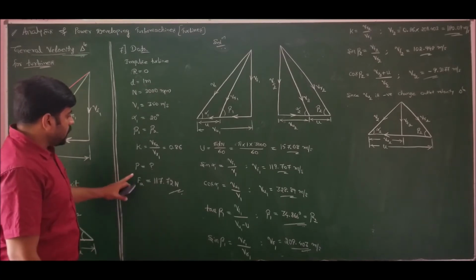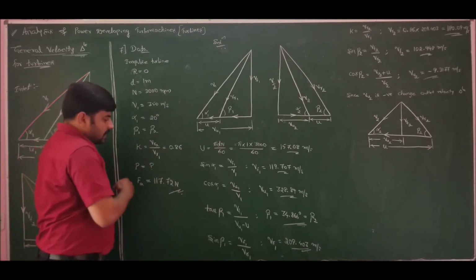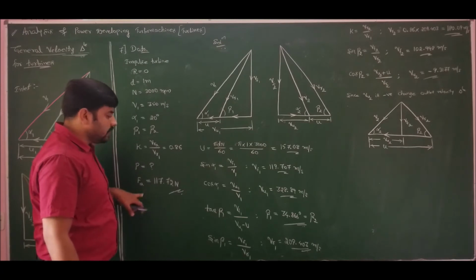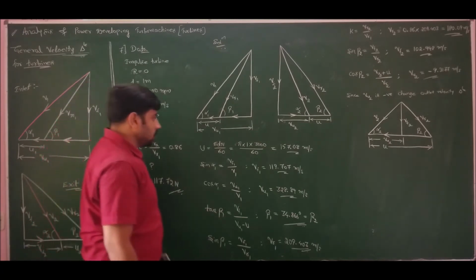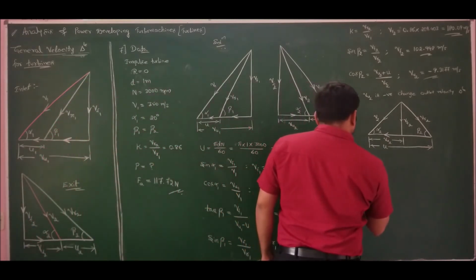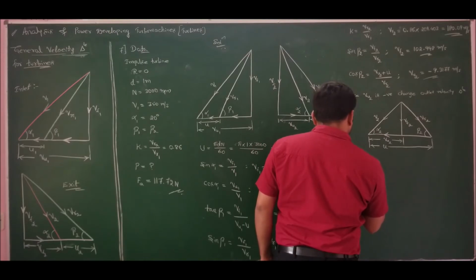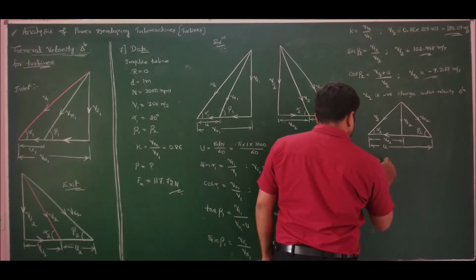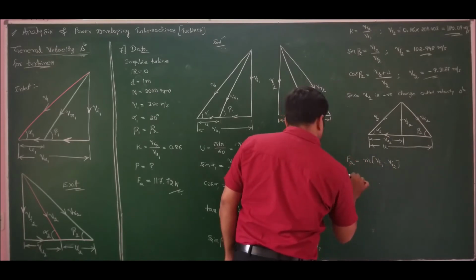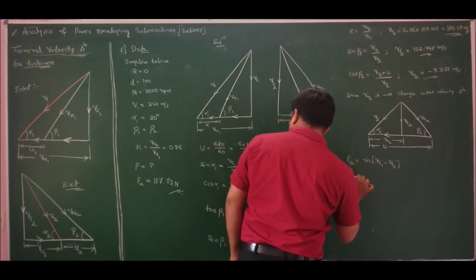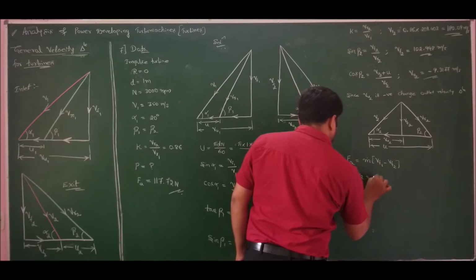For power developed, I want the mass flow rate. Mass flow rate is present in axial thrust. That is the reason he has given the value of axial thrust. So now we know the formula for axial thrust. Axial thrust is equal to mass flow rate into Vf1 minus Vf2. Axial thrust is known, 117.72.